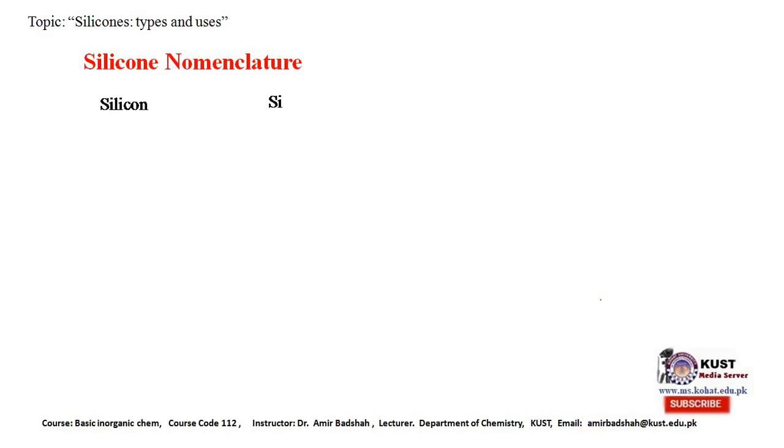In this slide we will discuss the nomenclature of silicone polymers. But silicone is not the only compound of silicon. Silicon may exist alone or in some other compounds.